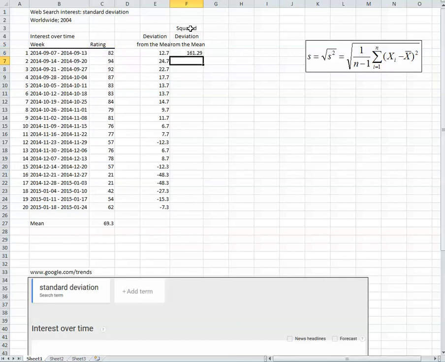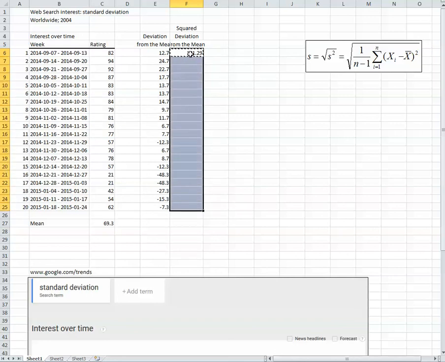So that's the squared deviation. Of course, this 161.29 is just what I would get if I squared the deviation from the mean. So here are my squared deviations. These are my values, xi minus x bar, and I've got 20 of those. And I've squared those, xi minus x bar squared. I've got 20 of those squared deviations.